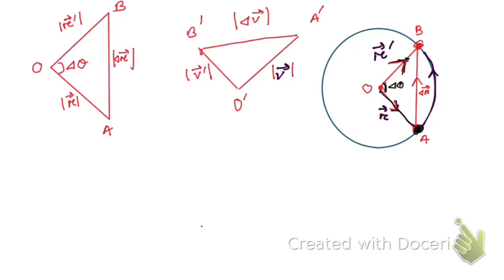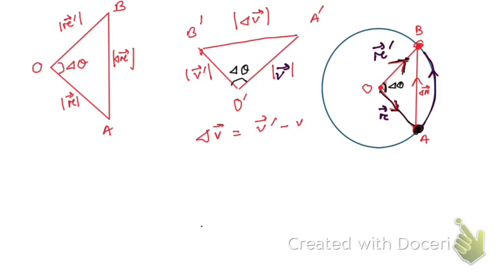Here del V is the change in velocity, that is, final velocity minus initial velocity. So here you see this angle must also be del theta, as I have already explained.